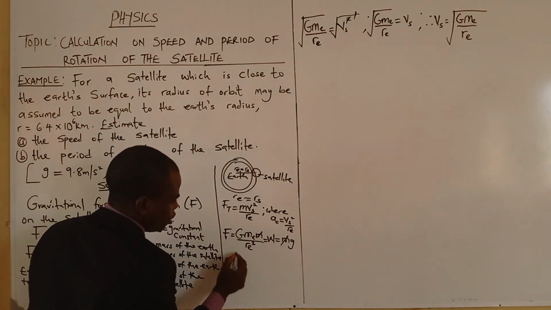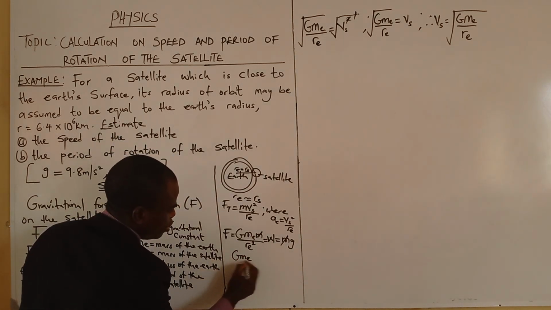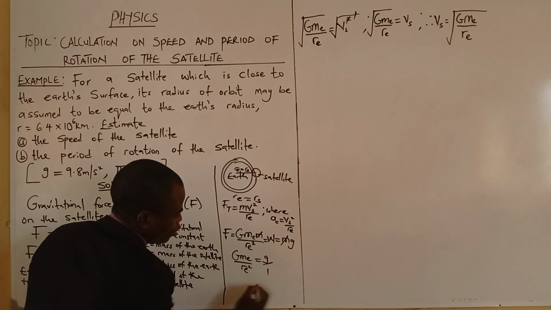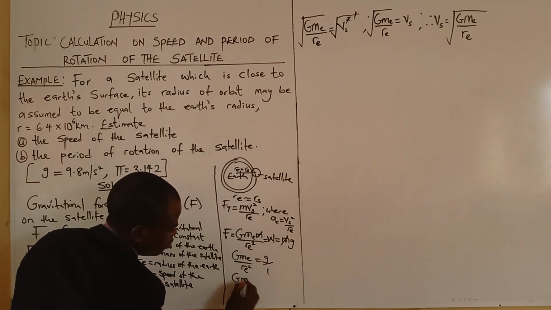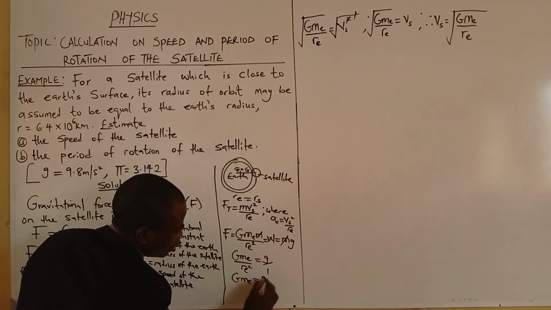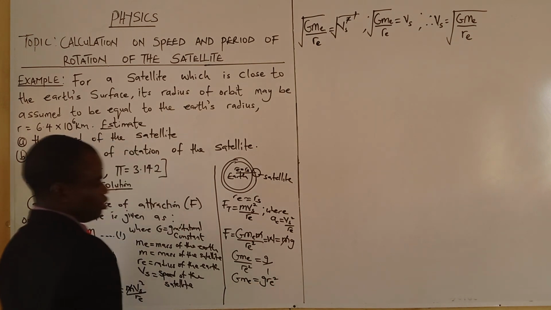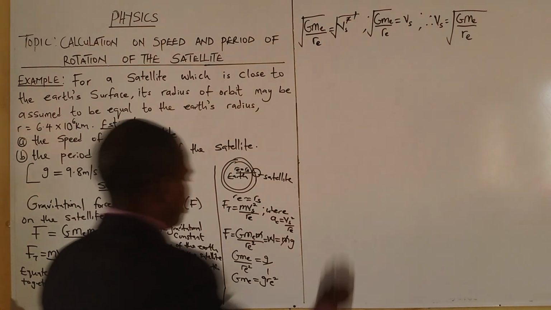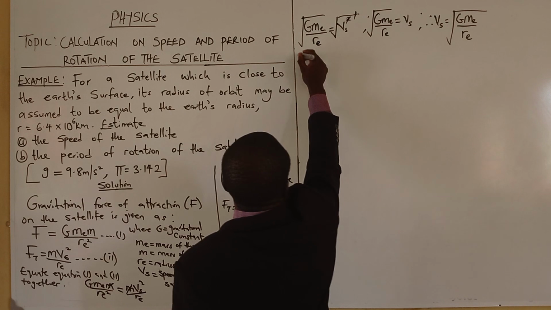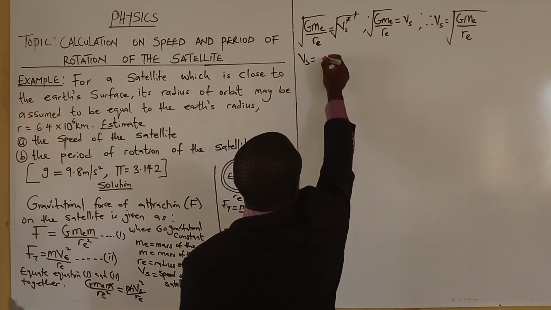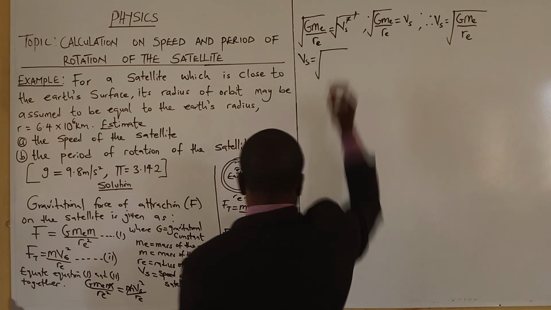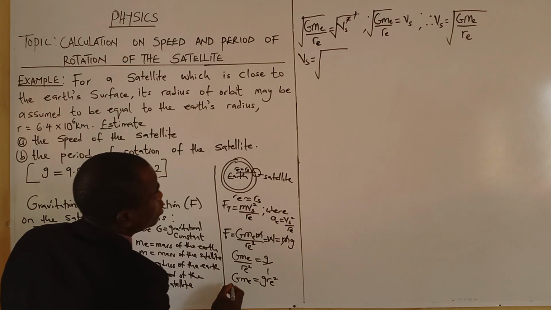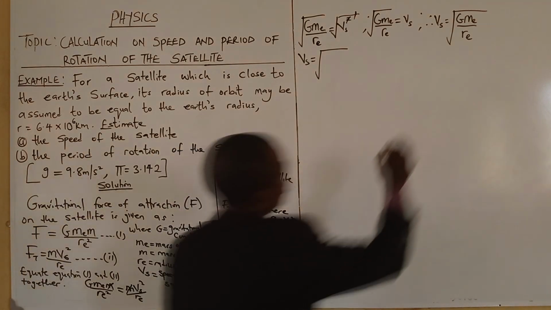m cancels m. You have G ME over RE squared equals g. You cross multiply, you have G ME equals g RE squared. Anywhere you see G ME, you replace it with g RE squared. So vs equals the square root of G ME over RE; let's call this equation 3.